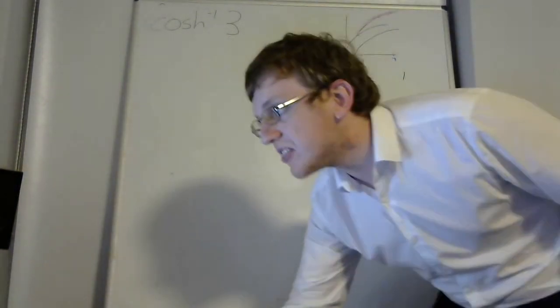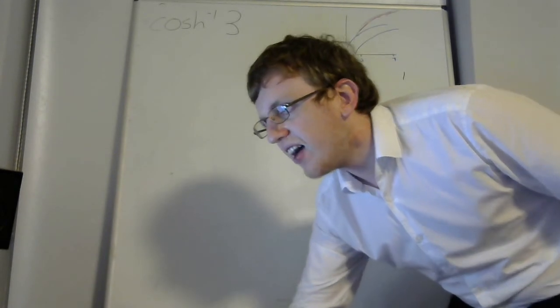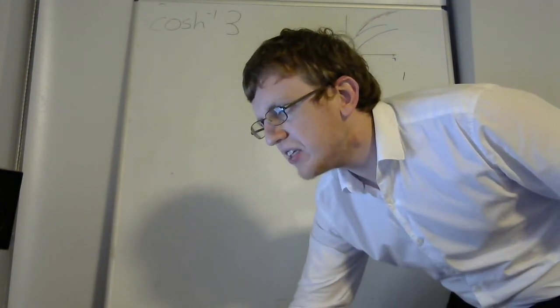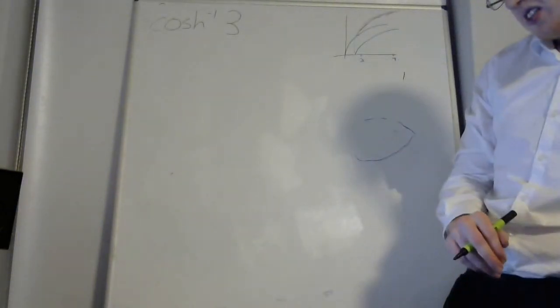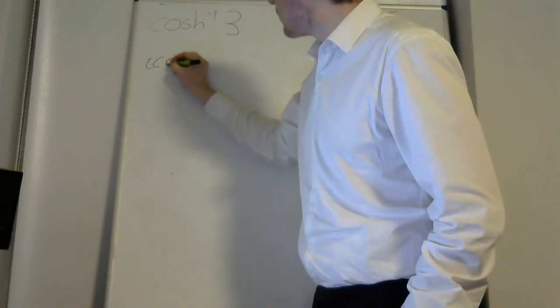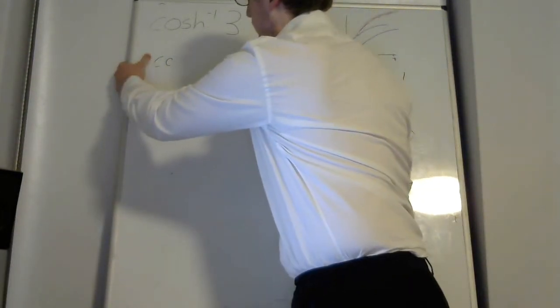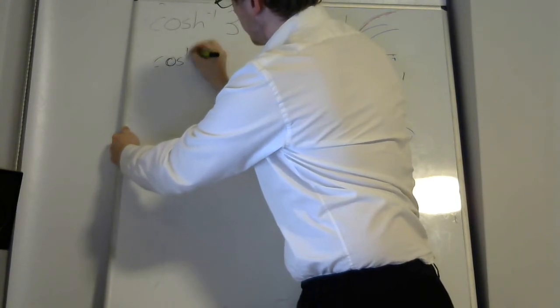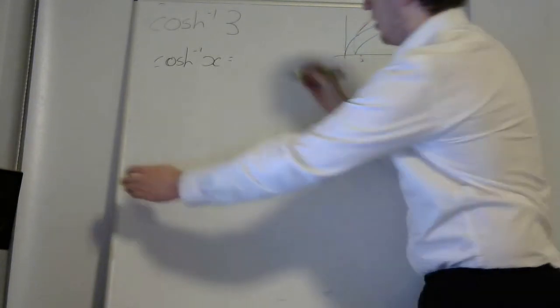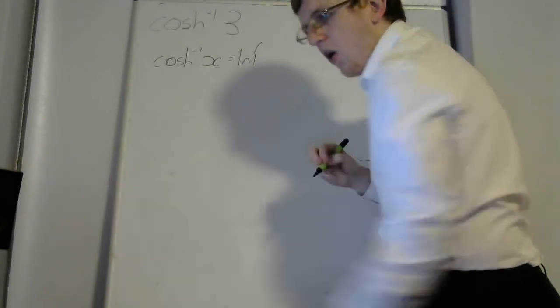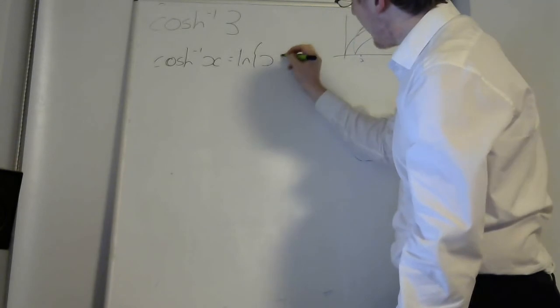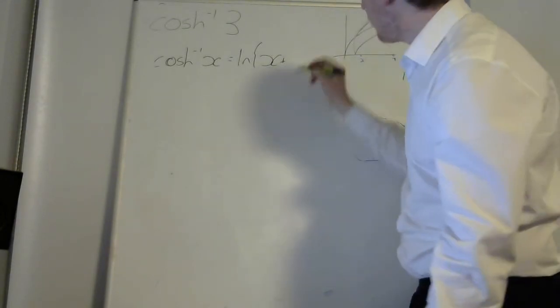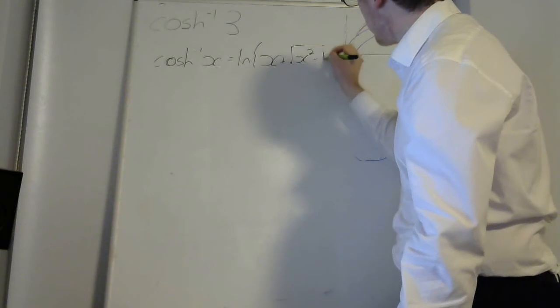All right. Okay, so going back to the formula booklet. Page 5. Yep. It tells us, under hyperbolic functions, that cosh minus 1 of x is equal to ln of x plus the square root of x squared minus 1.